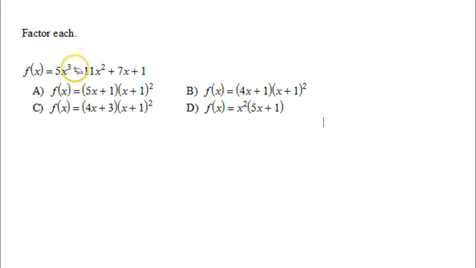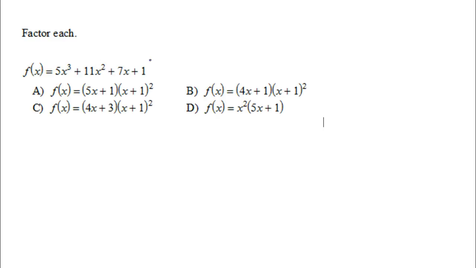So what do you do when you can't just factor it? Well, you're going to have to use synthetic division, and you're going to have to find a 0 and factor from that. Now, I can use my calculator to find a 0. I could use the rational root theorem pretty easily.